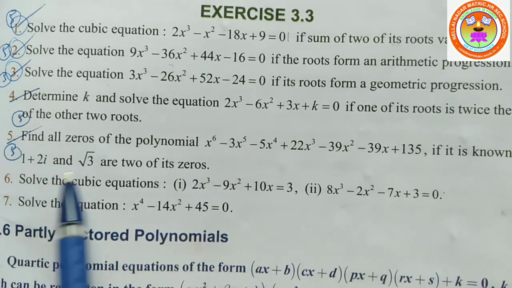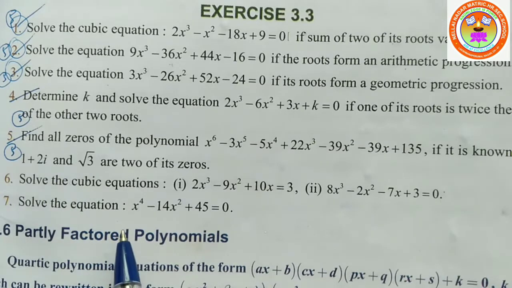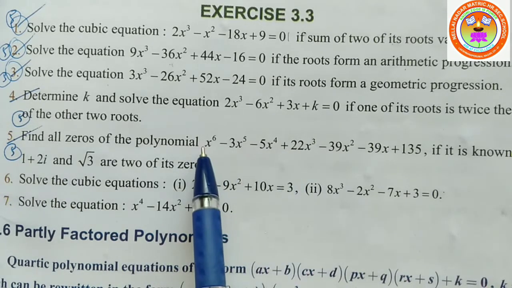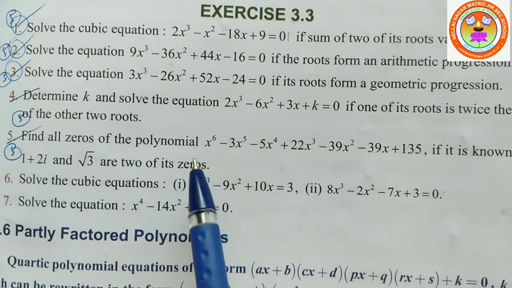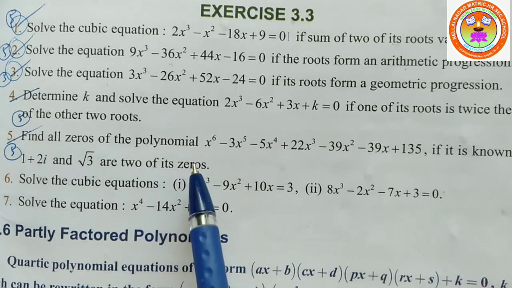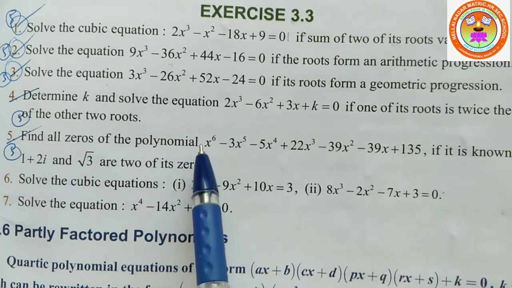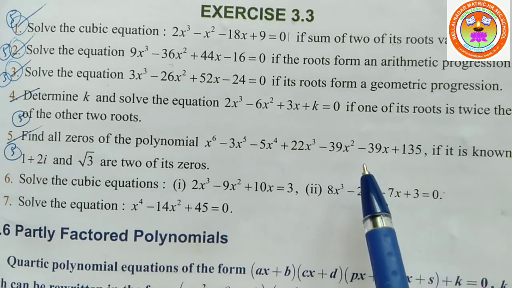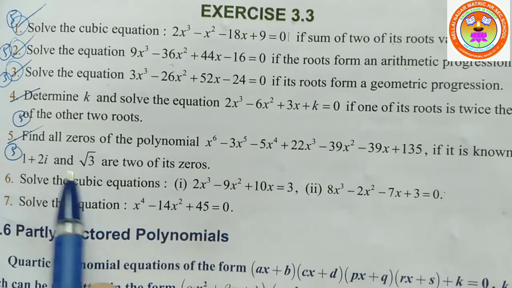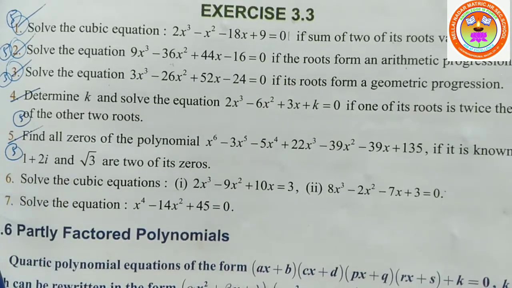So, two zeros are given. See, the degree of the polynomial is 6. We know very well, every nth degree polynomial has n zeros. So here degree 6 means this polynomial has 6 zeros, but only 2 of its zeros are given.